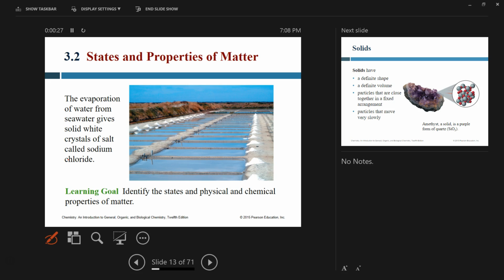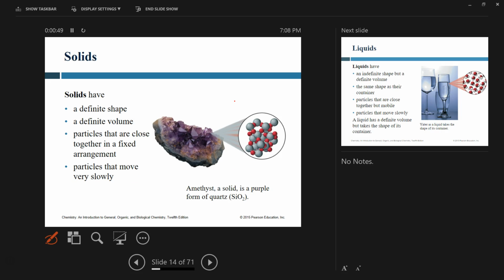For instance, when you have salt water, it's liquid, but when you start evaporating it, you have 2 additional physical states of matter that you can observe. The solid salt, and the one that you cannot really observe, the water vapors above it.